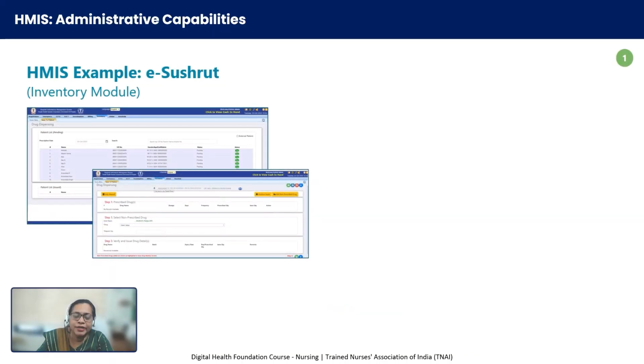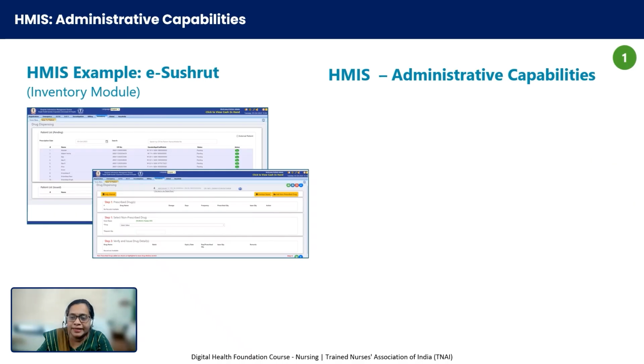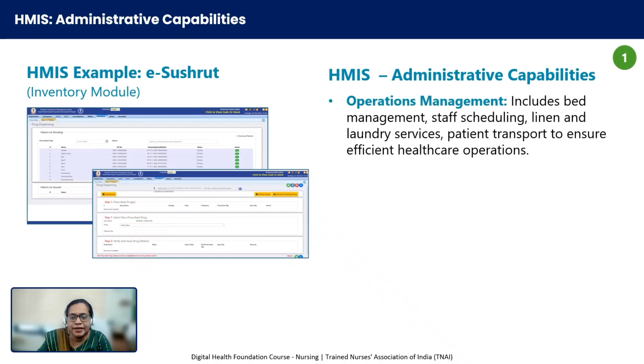Let's start by looking at the administrative capabilities within an HMIS. These focus on two key areas: operation management and inventory management. As all of us know, operation management in our day-to-day practice covers all our essential tasks such as assigning beds, scheduling staff, managing laundry, and coordinating patient transport, all critical for the hospital's smooth functioning.